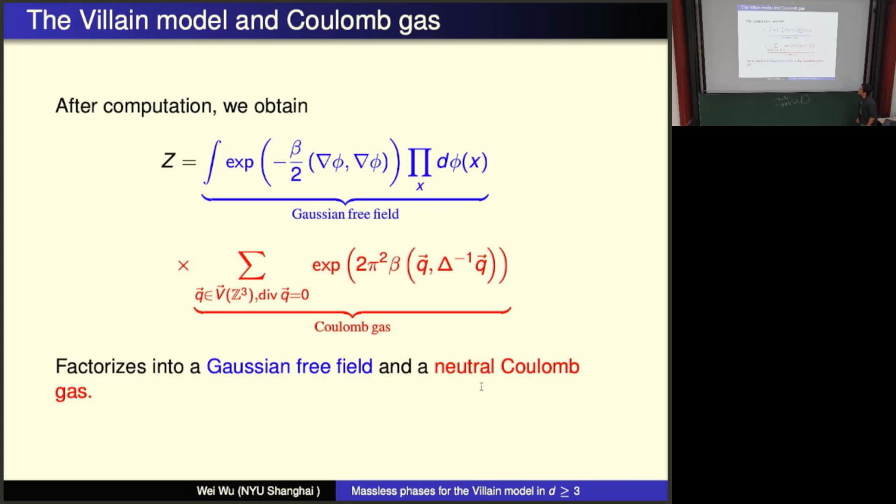Now, one remark here is that this Coulomb gas has this divergence Q equal to 0 condition, and that's how things differ between 2 dimensions and 3 and higher dimensions. So in 2D, this divergence equal to 0 just means that this Coulomb gas is totally neutral, but in dimension 3 and higher, it gives you some local cancellation condition, which makes the analysis easier to carry out than in 2 dimensions.